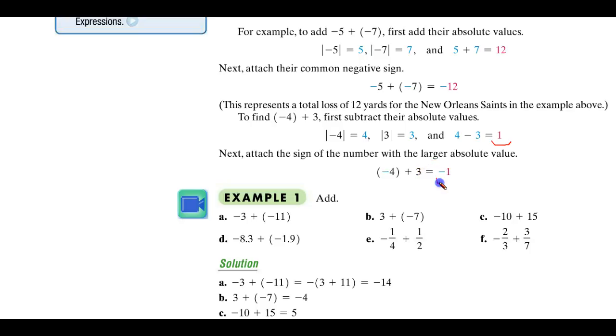So there's where you get your negative 1. Now, many of you will use your calculator. You put in a negative 4 plus 3 gives you a negative 1.